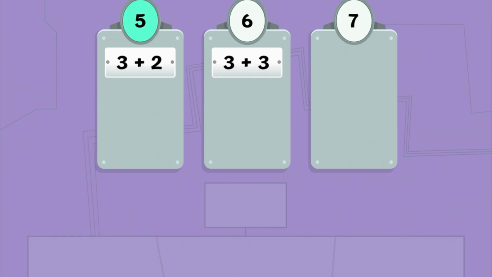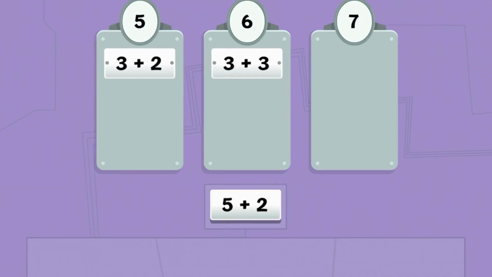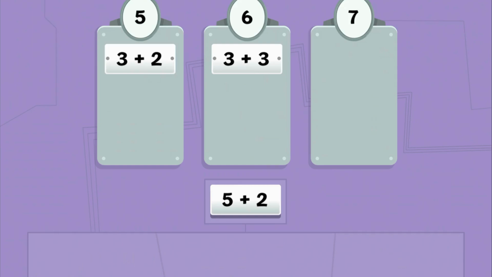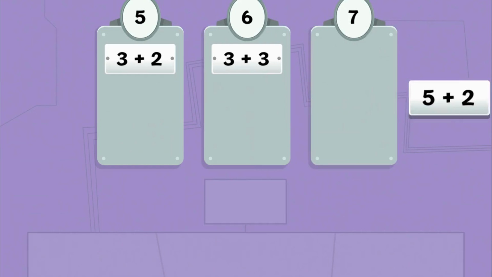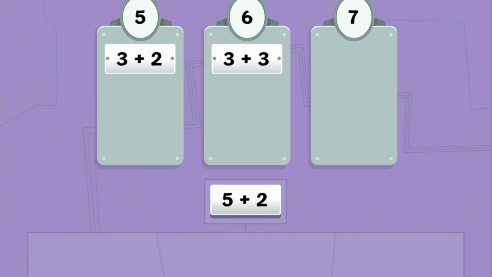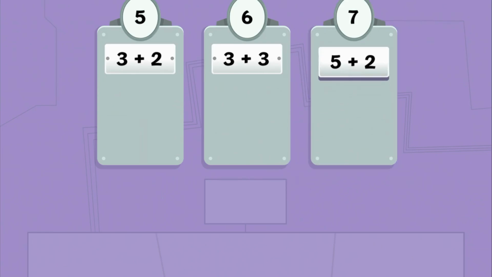Three plus 2 equals 5. What is 5 plus 2? Five plus 2 equals 7.